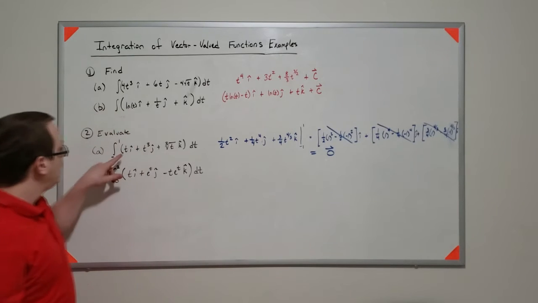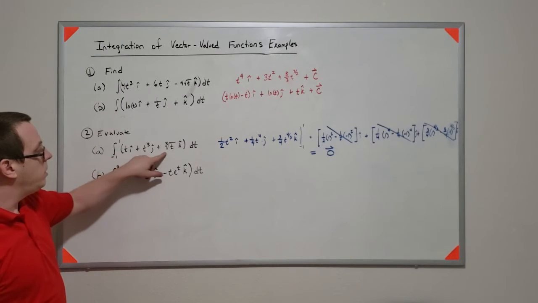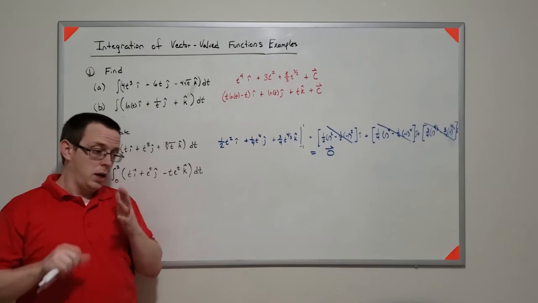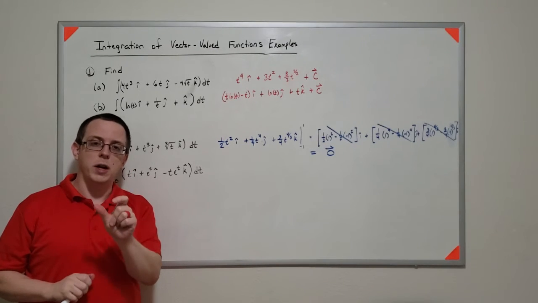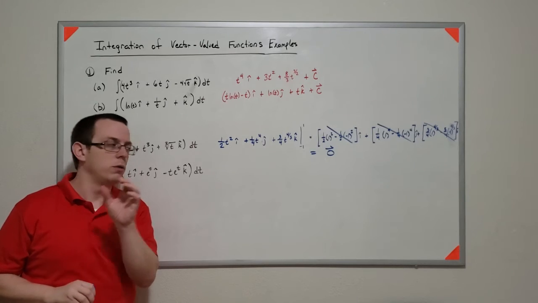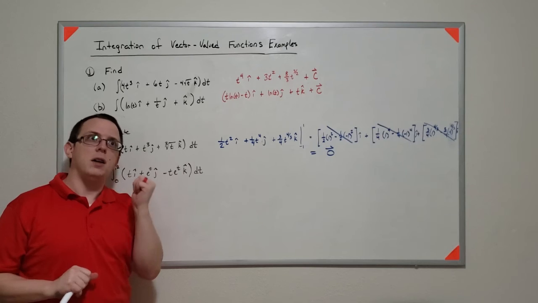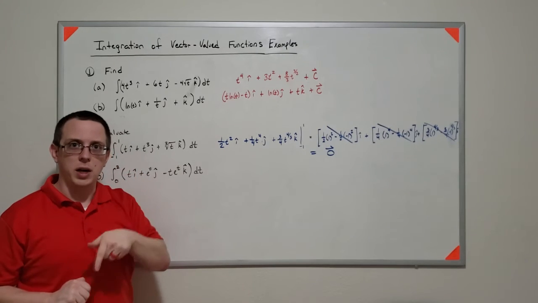So let's talk about why I could have known that from the beginning. All three of these functions are odd functions. So if you remember what an odd function means, definitionally it means when you plug in a negative number for t in this case, you get the negative version of plugging in a positive number.